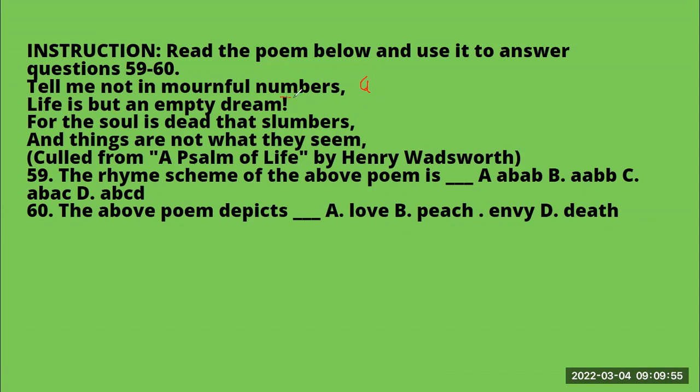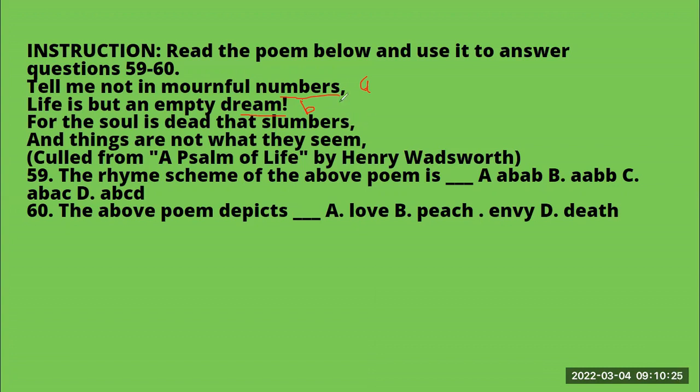Life is but an empty dream. You can see that this first one is numbers. Dream is a different sound. It's not a rhyme of the first one. So we cannot write it A. We write this as B. Then line 3, we have slumbers. And then you check numbers and slumbers, and you see that they are similar.